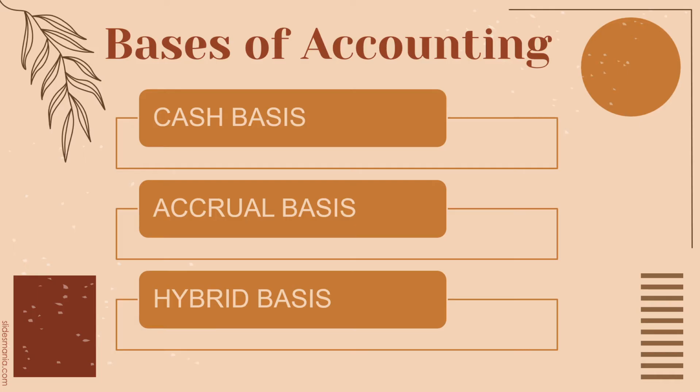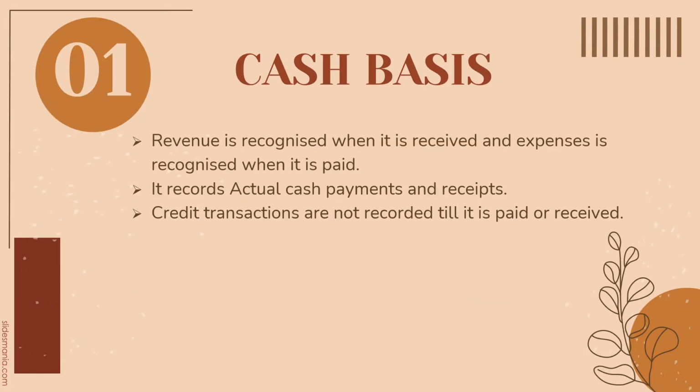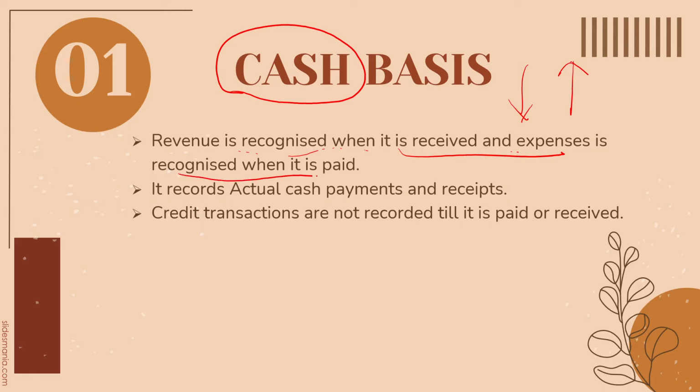Let's get started with the cash basis first. Cash basis is basically where a transaction is recorded in the books of accounts only when it is paid or received. That is, only when the money actually comes in or goes out. Revenue is recognized when it is received and expenses are recognized when they are paid.